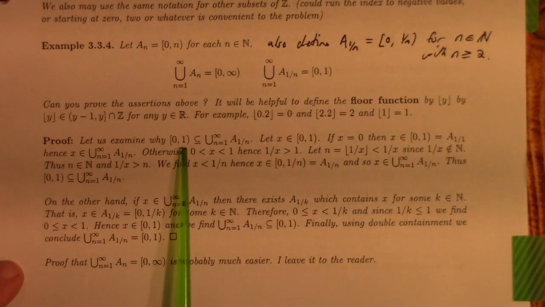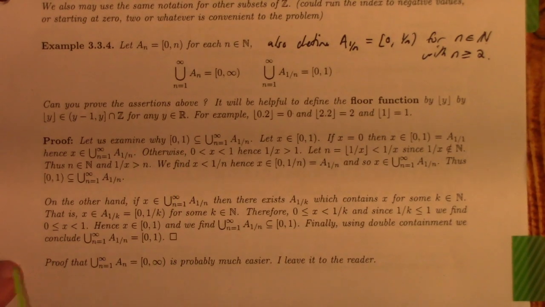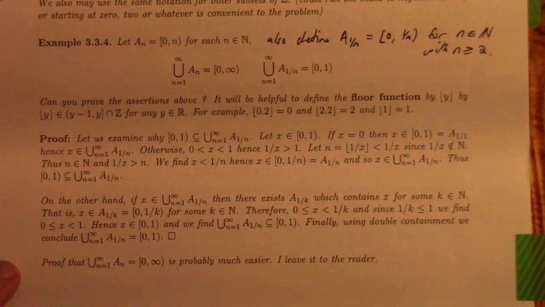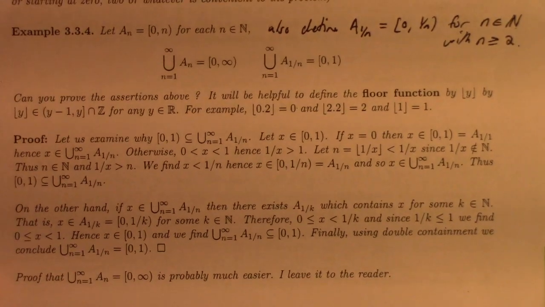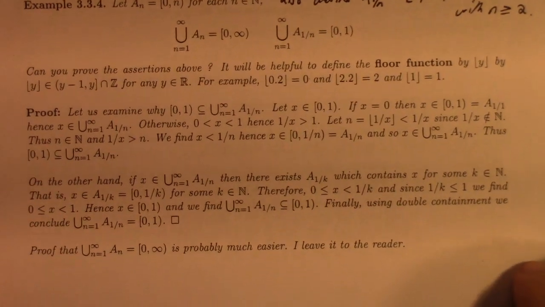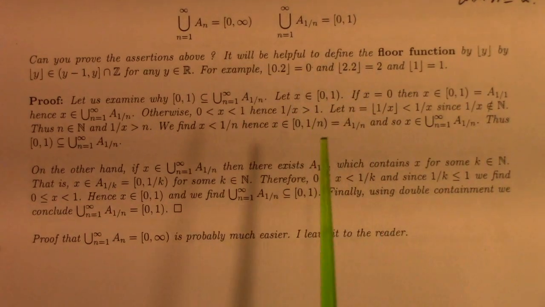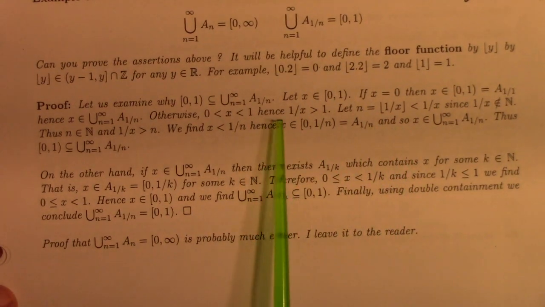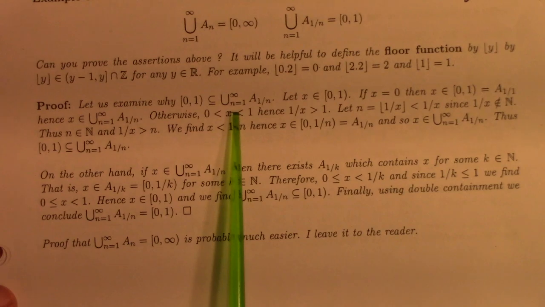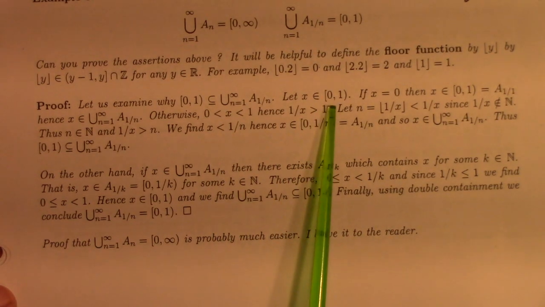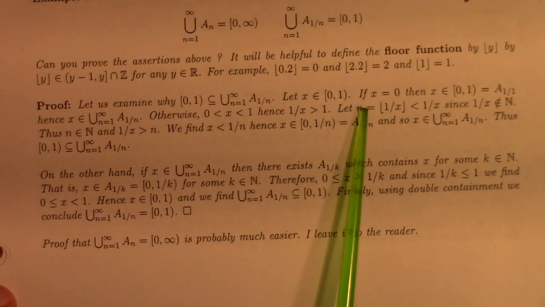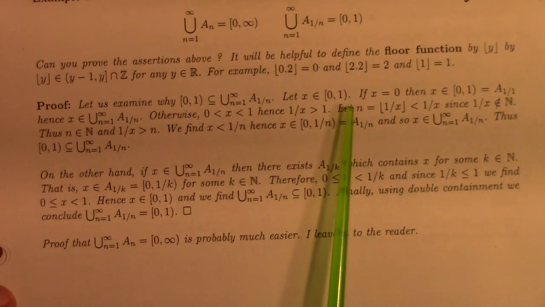Okay, so why is 0, 1 a subset of this union? If we let x be in the interval of 0 to 1, that means that either x is equal to 0 or x is between 0 and 1.